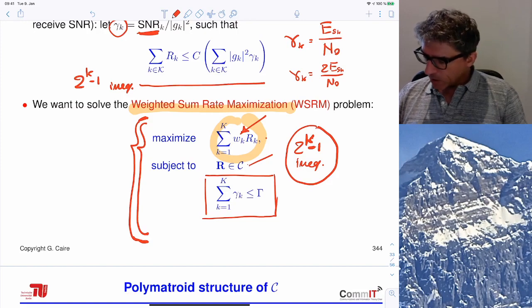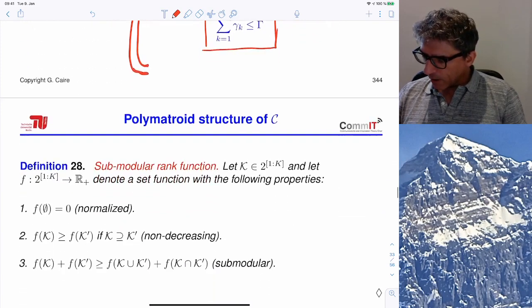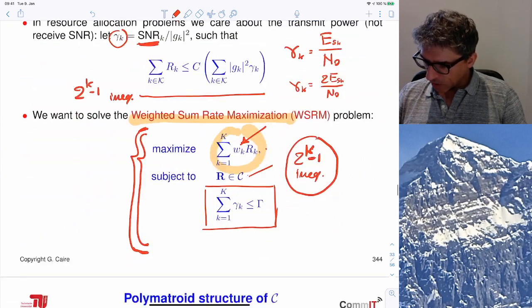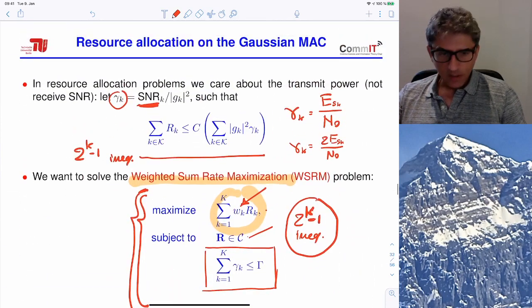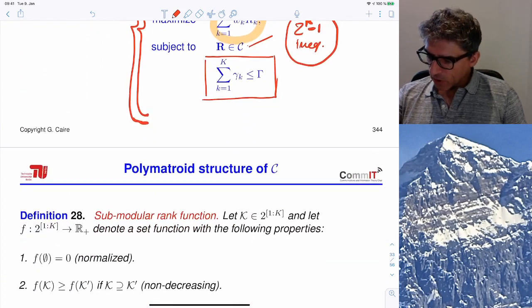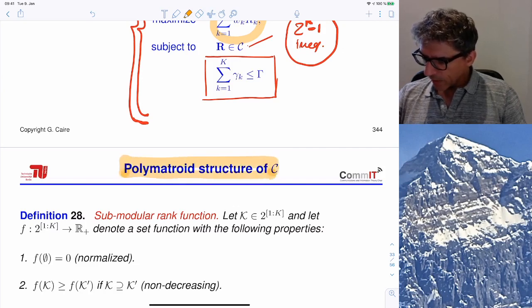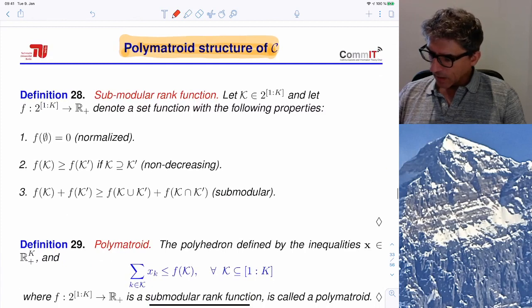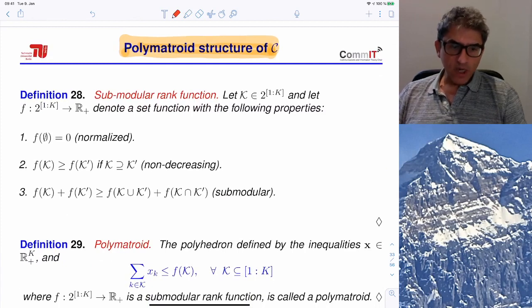So how do we do this? Well, it turns out that the region C for the Gaussian case, the region defined by these inequalities, has a very special structure, which is called a polymatroid structure. Polymatroids are special polytopes that appear in several combinatorial convex optimization problems and are defined in general as follows.